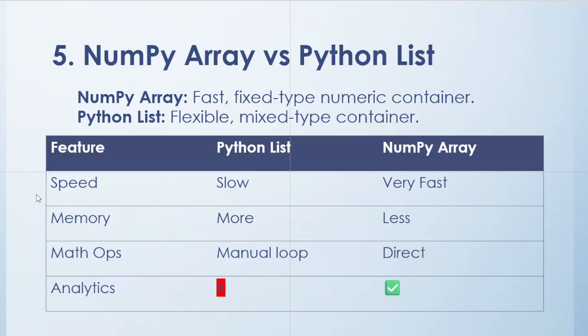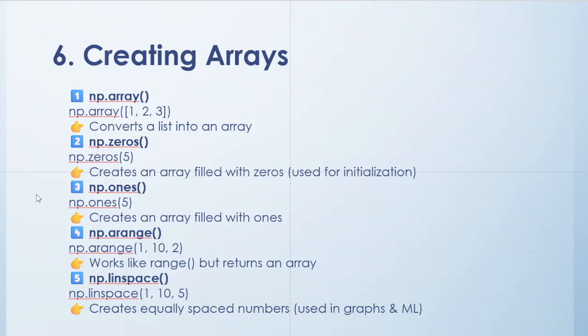For mathematical operations, in a Python list we need to do looping like for loop or while loop, but in NumPy we can do it directly. We will see that in the next slide. And for analytics, a Python list can't do it, but NumPy can. So in the next slide, we'll see how to create arrays.